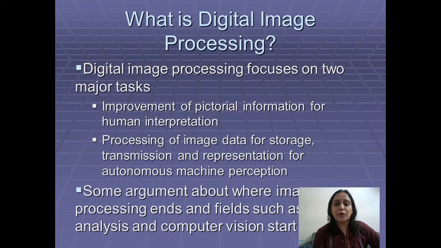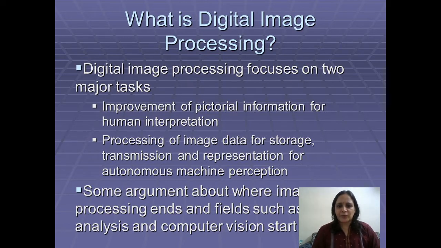Now what is processing? Digital image processing focuses on two major tasks. Why do we require the processing? Once we have captured, stored and digitized the image, we now want to process that particular image using the computer.